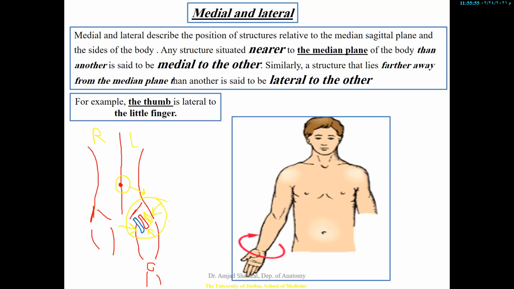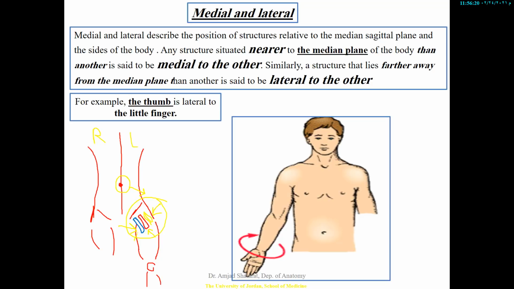So when you have structures on the same side and you want to describe their relations to each other, you won't say this is right and this is left. You need to use these terms, medial and lateral, and that's why we use them. Look how much easier it is now.